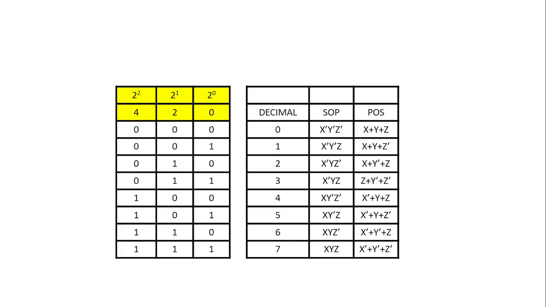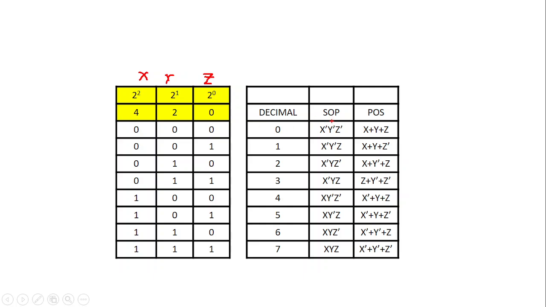Let us write the SOP terms for that. In SOP, sum of product, whenever there is 0, you mark it as inversion. This term is X, this term is Y, this term is Z. So X is 0, Y is 0, Z is 0. So you have X inversion.